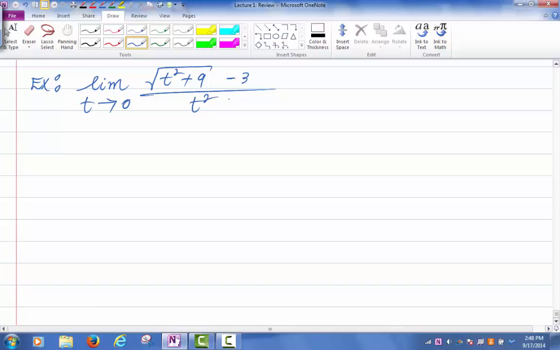What happens when I plug in 0 for t? The denominator I get 0, right? In the numerator, do I get 0 as well? Because I get root of 9, which is 3, minus 3. The problem is I don't have a rational function, so I cannot say factor out. So what should I do here?